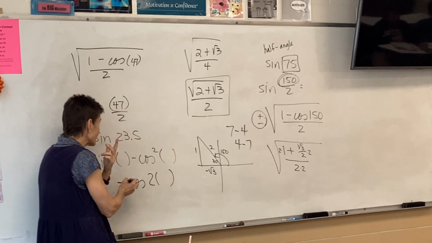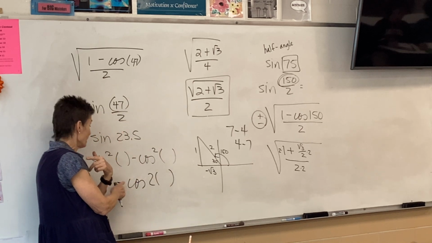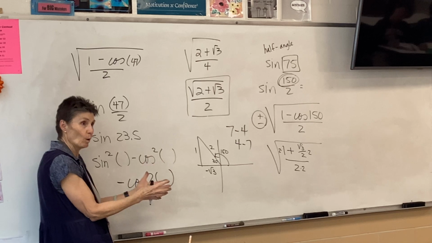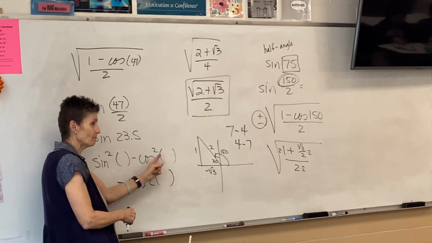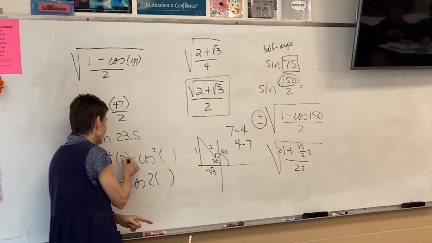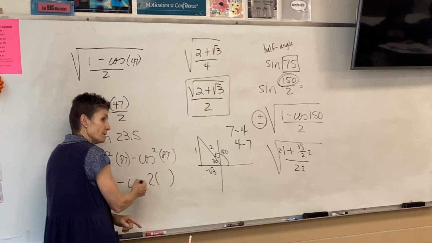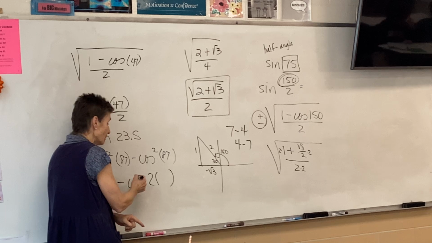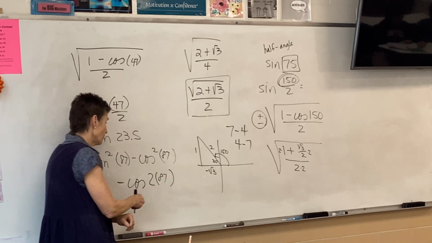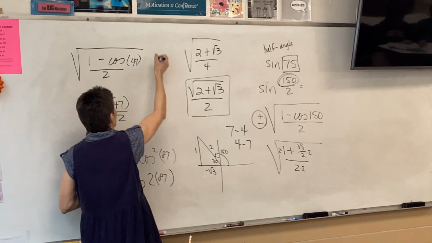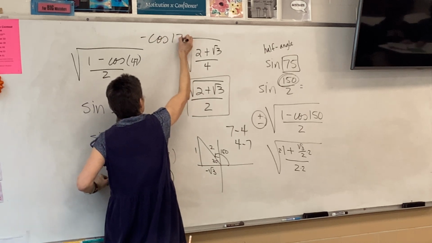So this is the negative cosine 2 whatever. Now, what's your theta in the problem? 87. So this is the formula for the negative cosine 2 times 87, which is the formula for negative cosine 174.